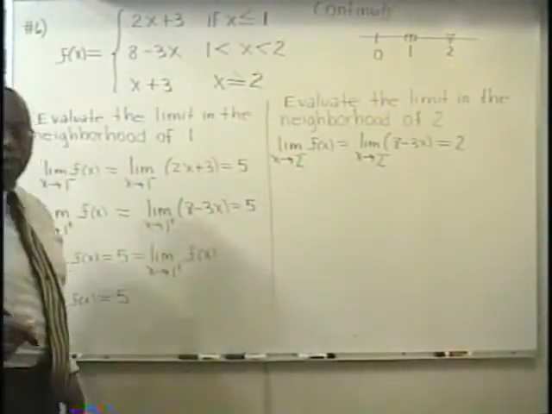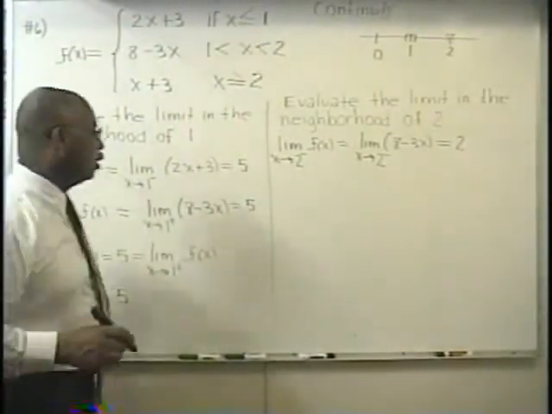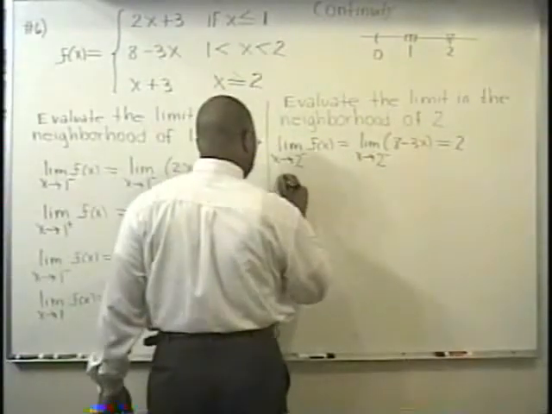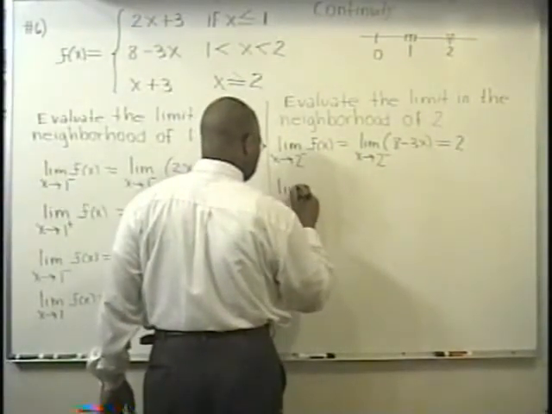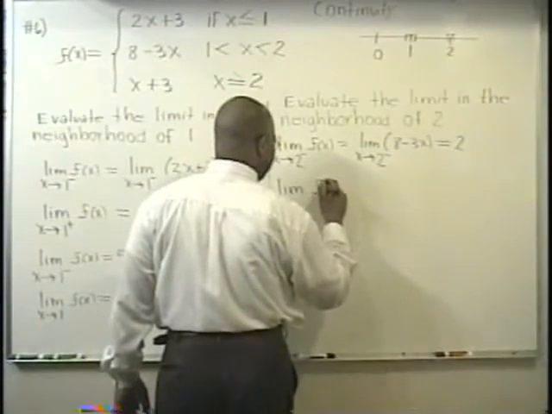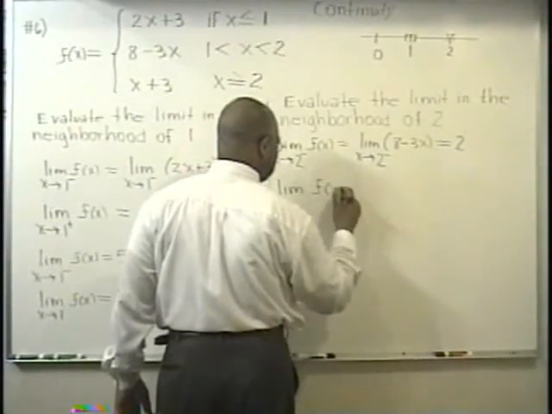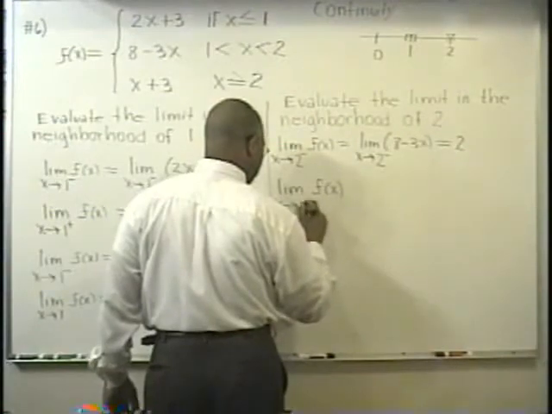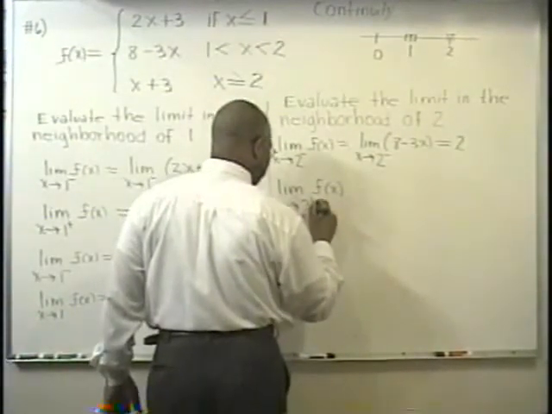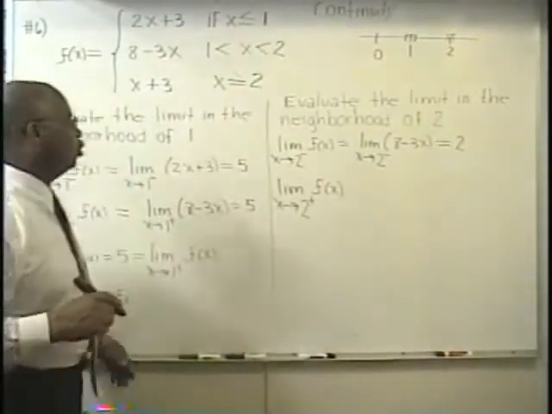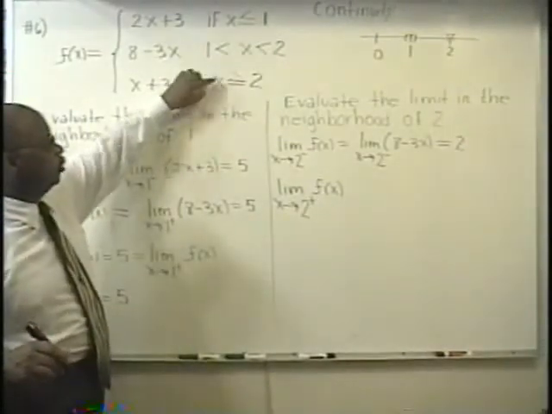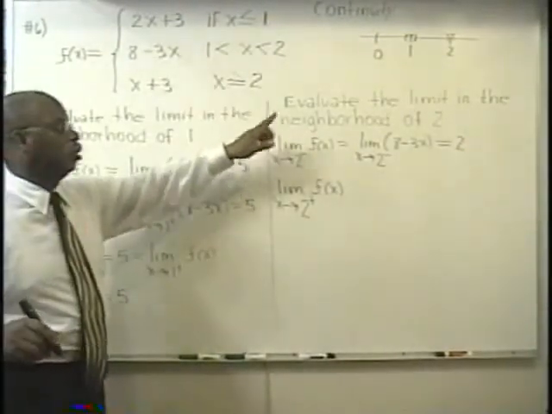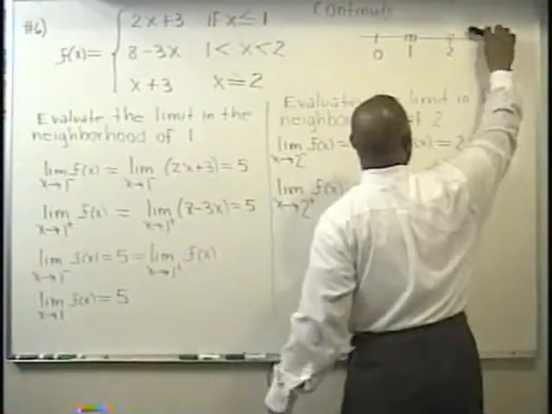Now let's go ahead and evaluate the right-hand limit. Right? So I'm going to take my time. So I have the limit of f of x as x approaches 2 from the right. Well, we're approaching it from the right. We're approaching it from numbers that are greater than 2. We're approaching it from this direction.